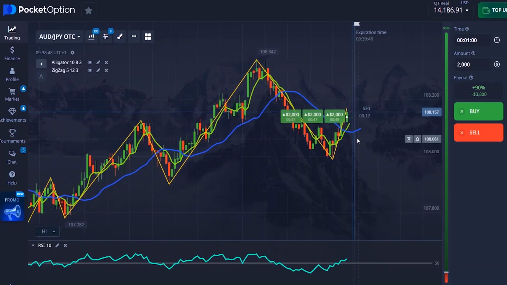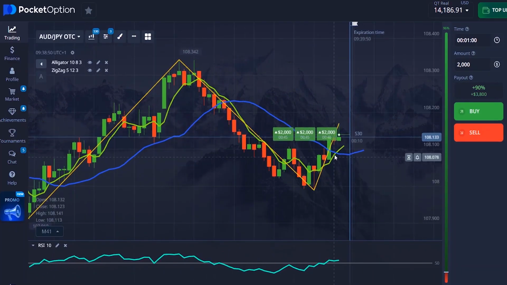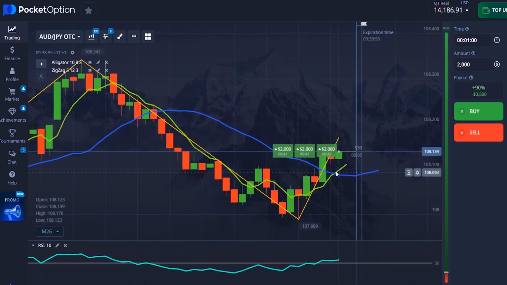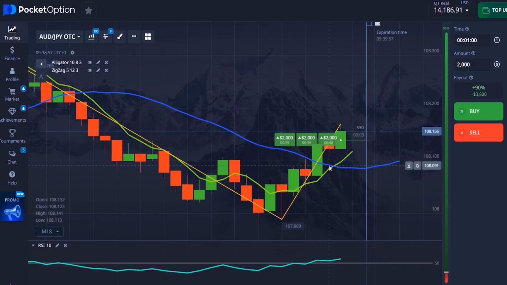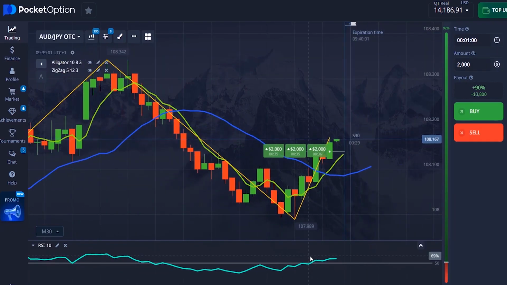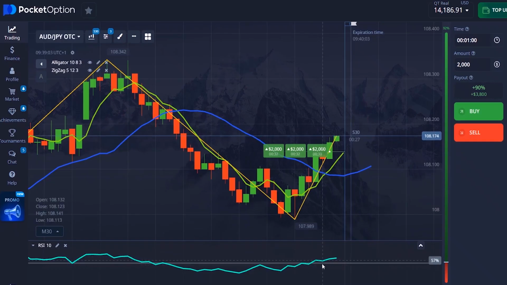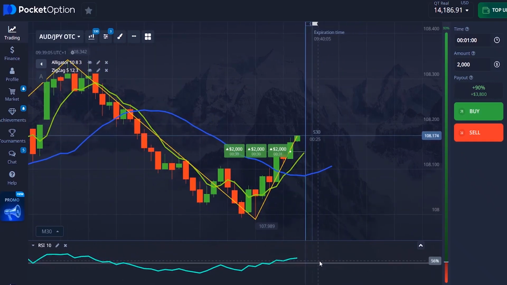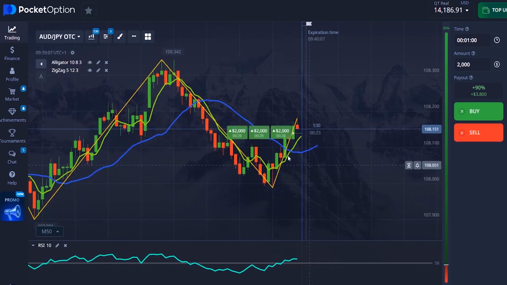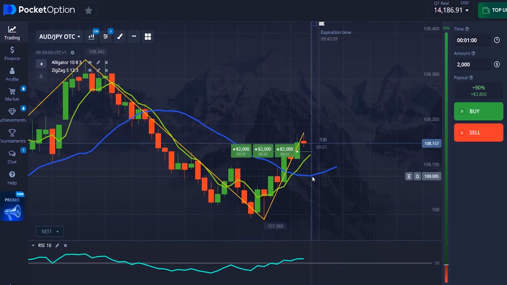And I have a consistency of a candlestick right at this point. My alligator lines both intersect each other, and also my RSI indicator is above the 50% line. So right here I have 27 seconds to go.